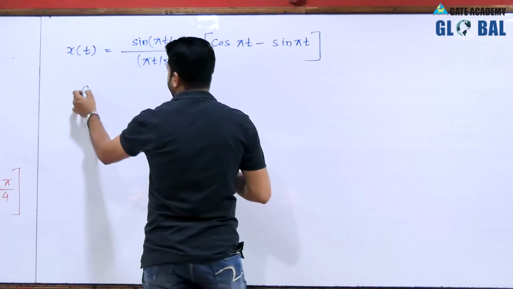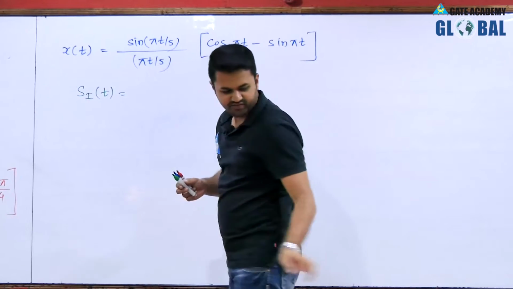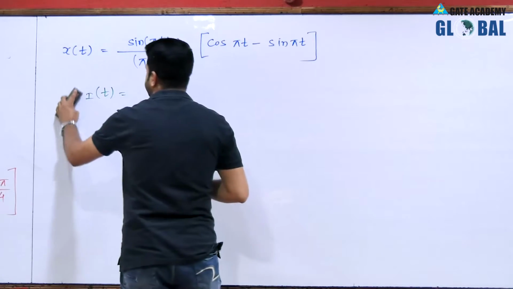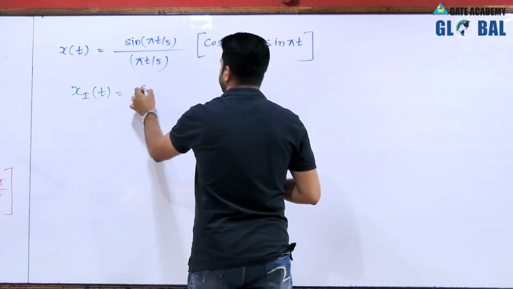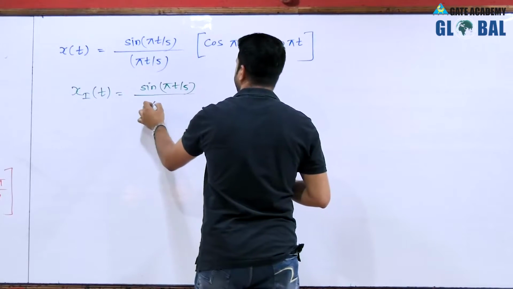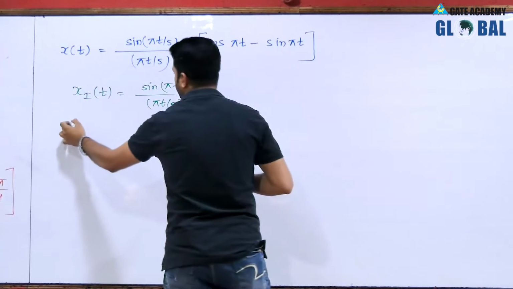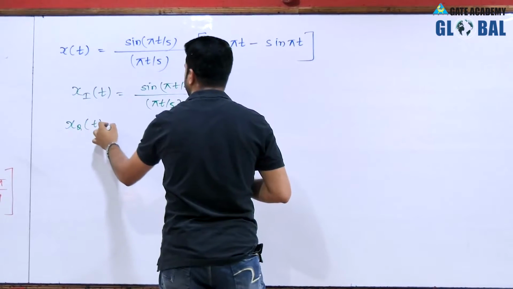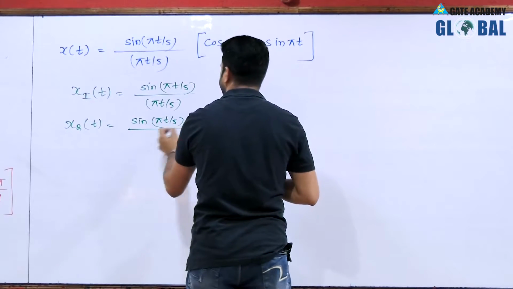So now we can write the in-phase component of x as sin pi t by 5 divided by pi t by 5, and the quadrature component is also the same, sin pi t by 5 divided by pi t by 5.